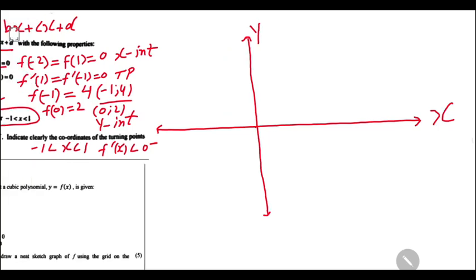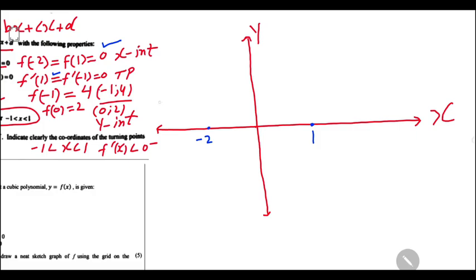So first of all, I'm going to display the x-intercepts. I've got two x-intercepts there. X equal to -2, say the -2 is here, and x equal to 1, say the +1 is here, and these are my x-intercepts. Now the turning points. Must remember this: the first derivative is 0 at +1, which means here is going to be a turning point.